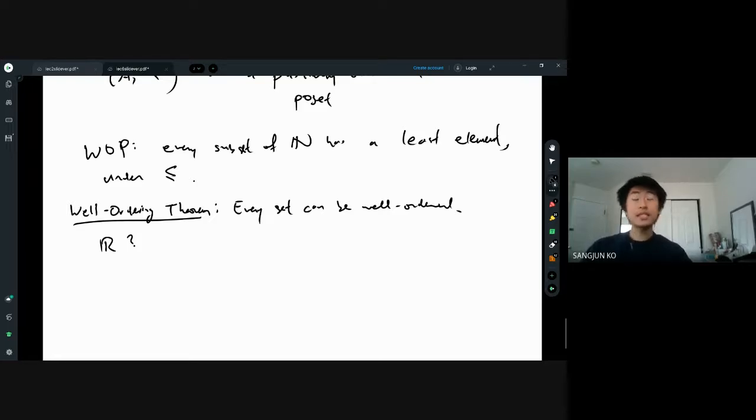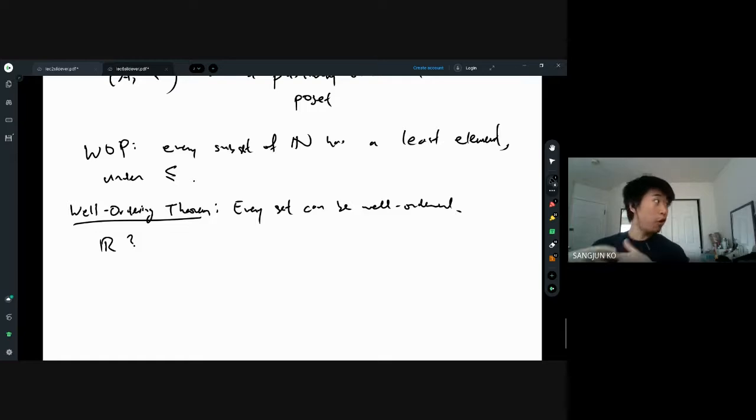You might be able to construct one for Z, and in fact, you might even be able to construct a well-ordering for Q, if you use the fact that they are both countable, which we'll get to in 2 lectures.